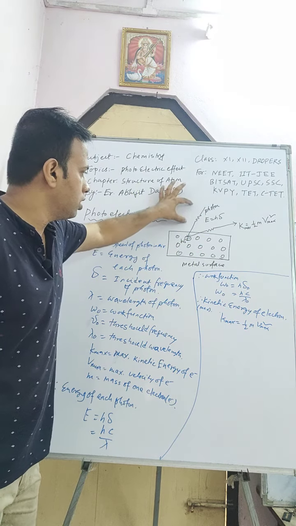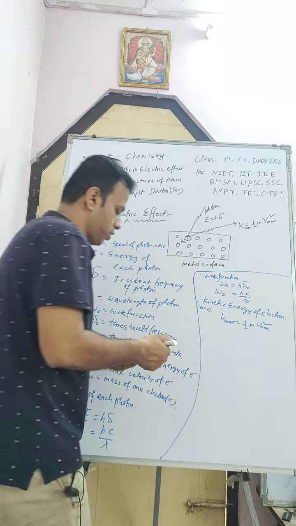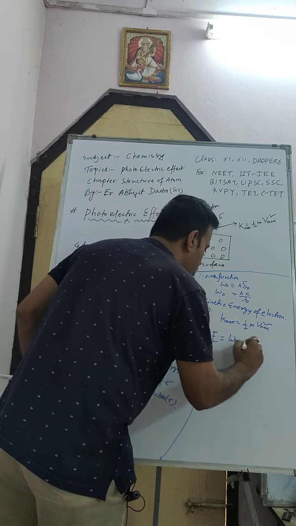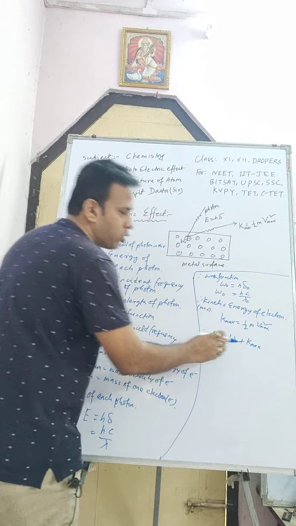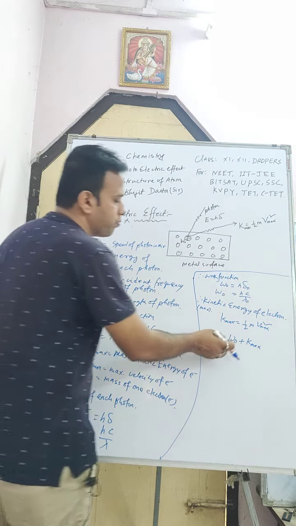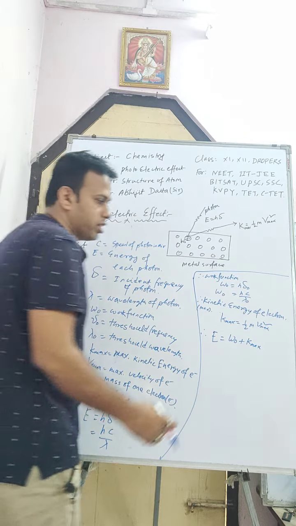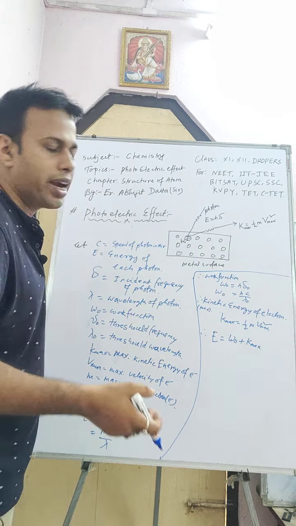So we can write E equal to W0 plus K max. This amount of energy is lost due to the nuclear force, and the rest the electron takes as kinetic energy.